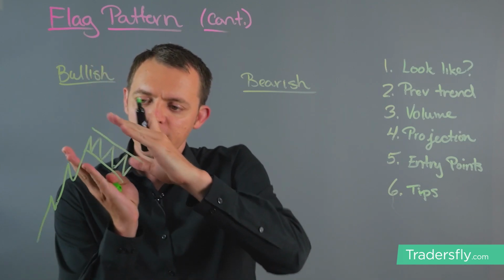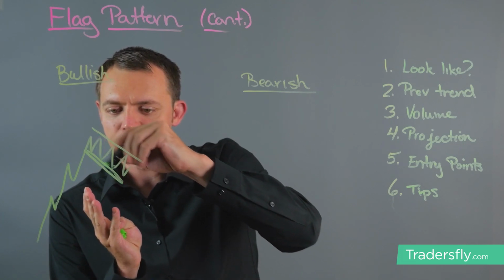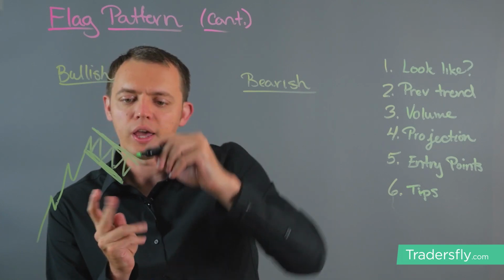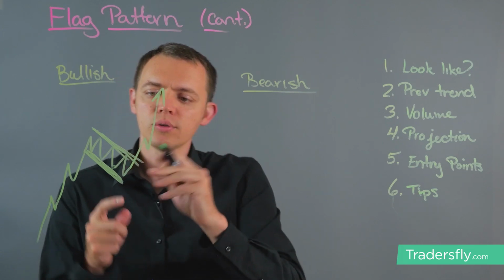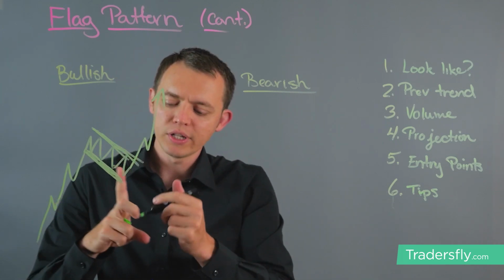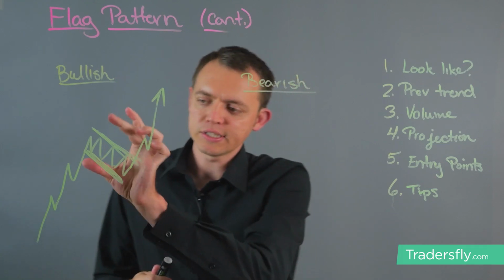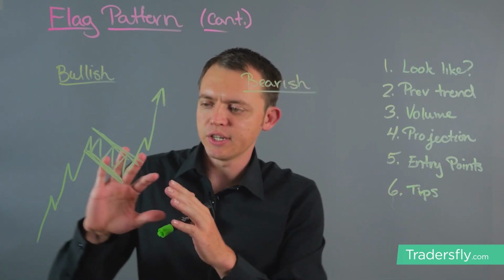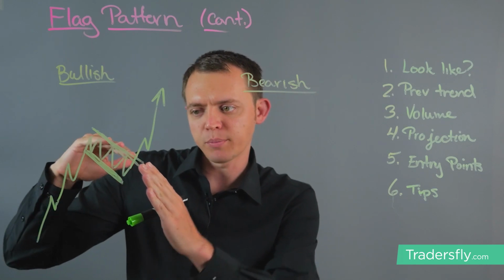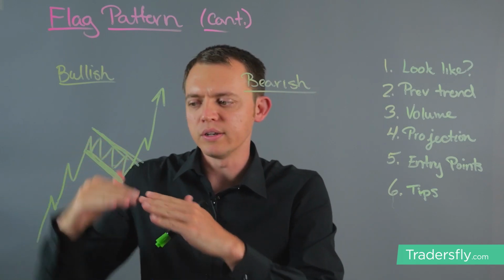Here you're consolidating in this little range, and then eventually this will break back out and move into higher prices. So your flag really is right here. It's that pullback segment. I'll talk a little bit more about the tips as we get into this flag pattern, but the angle could be a little bit different.